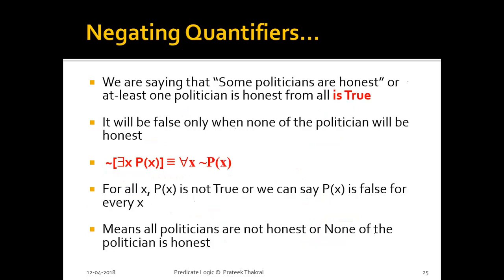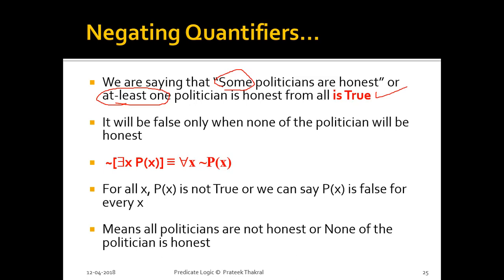So how is it done? We are saying that some politicians are honest, and we already know that "some" can be replaced by "at least one". So out of all possible politicians, at least one politician is honest, and we are saying that this statement is true. So when will this sentence be false?